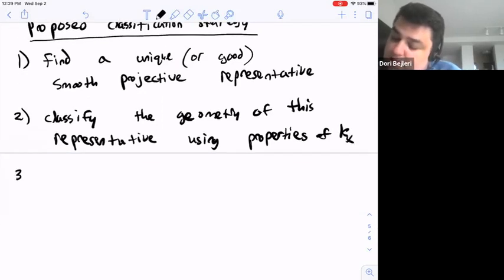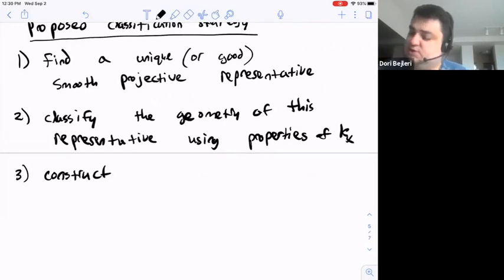And then 3, construct and study moduli spaces that parameterize all varieties within each class.